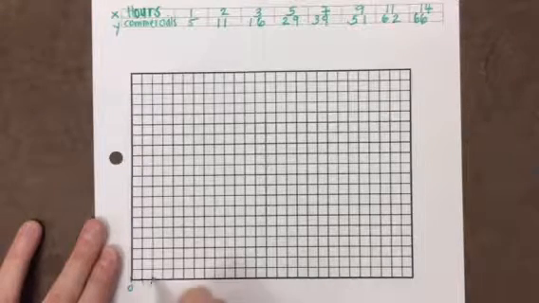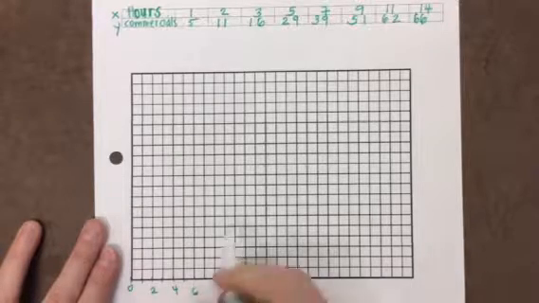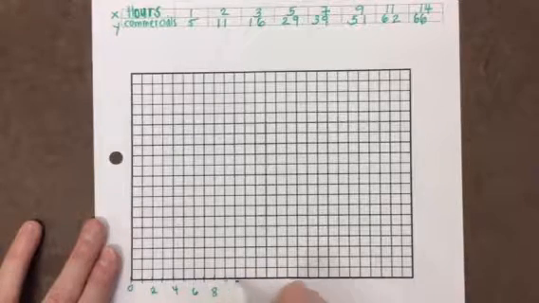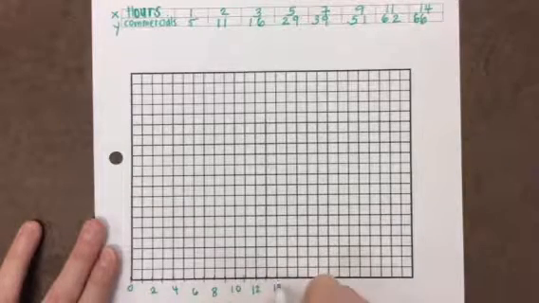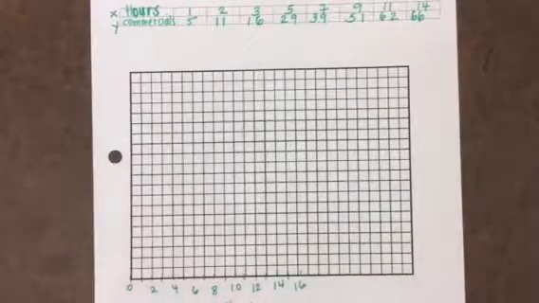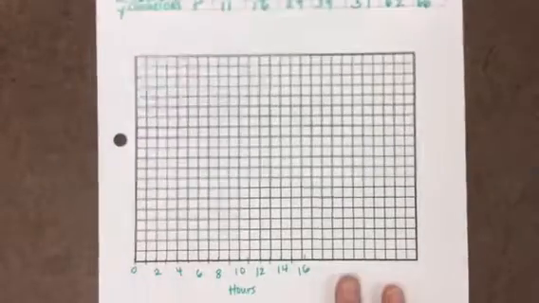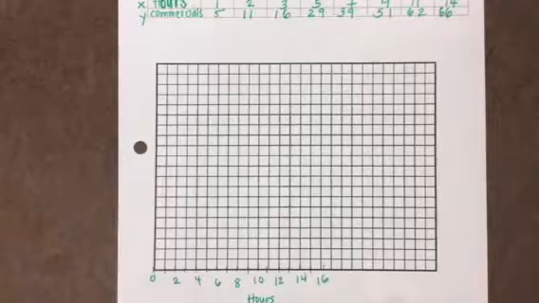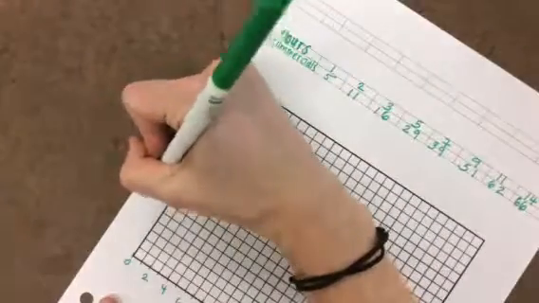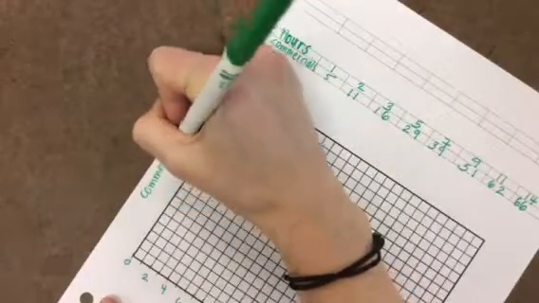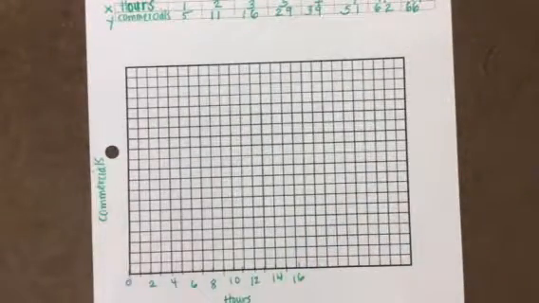We've got 0, 1, 2, 3, 4, 5, 6, 7, 8. Okay. So that's hours, and then I want to put the commercials up here. The number of commercials that maybe people would see when they're watching TV.